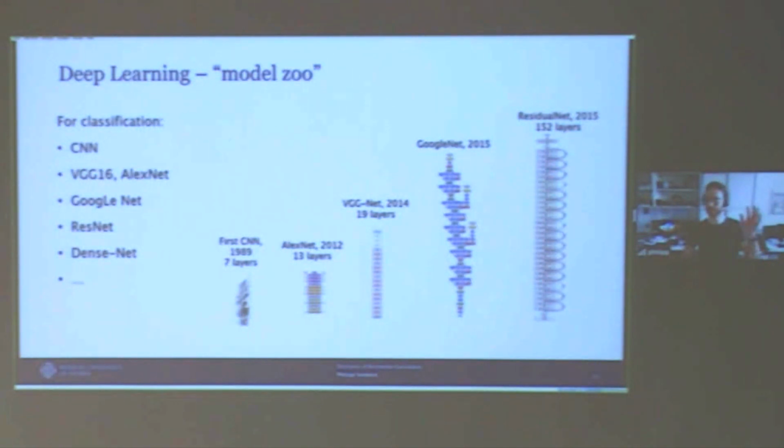There are some aspects that enable the training of such deep networks. Unfortunately, the time is not enough to go into all the details. But if you're interested, you can of course reach out to me, send me an email, and I will happily point you to some tutorials or to some relevant papers.